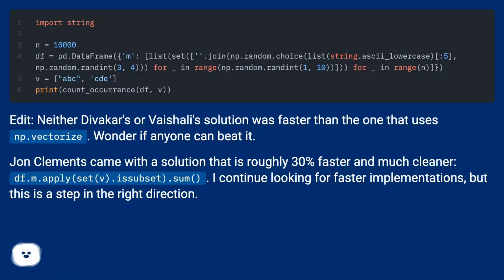Edit: neither Devaker's or Vaishal's solution was faster than the one that uses np.vectorize. Wonder if anyone can beat it. John Clements came with a solution that is roughly 30% faster and much cleaner: df.m.apply set v.isSubset.sum. I continue looking for faster implementations, but this is a step in the right direction.